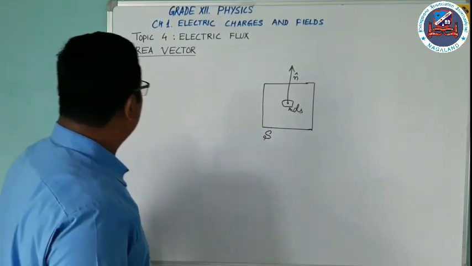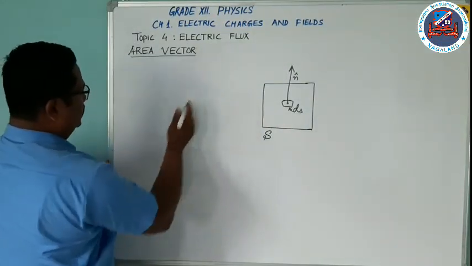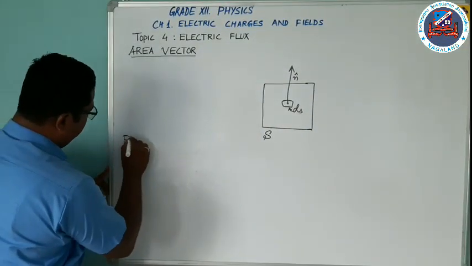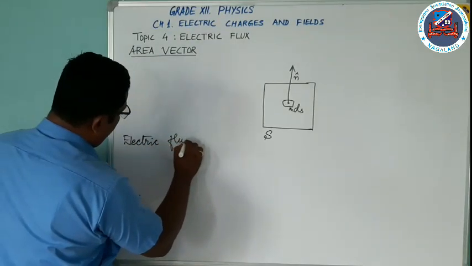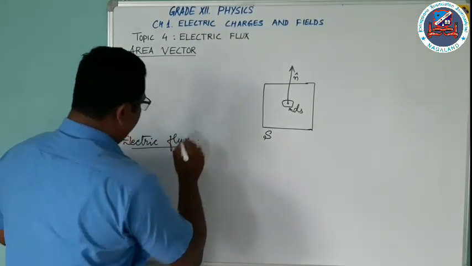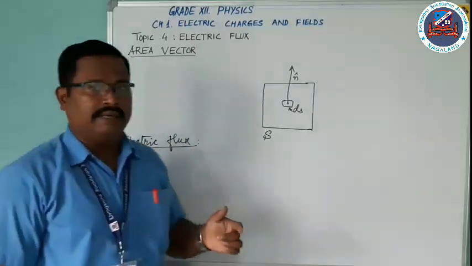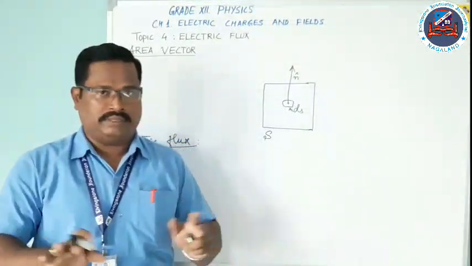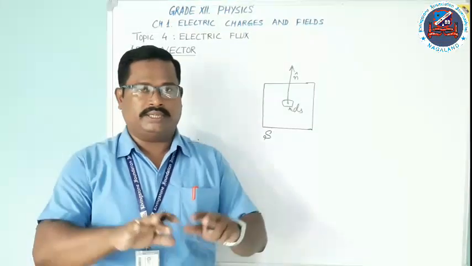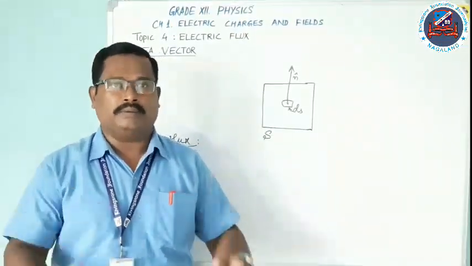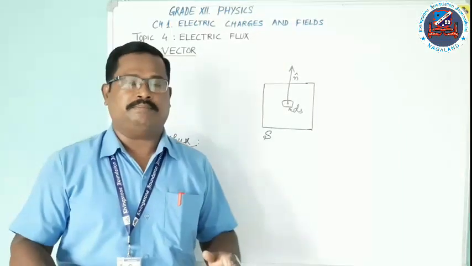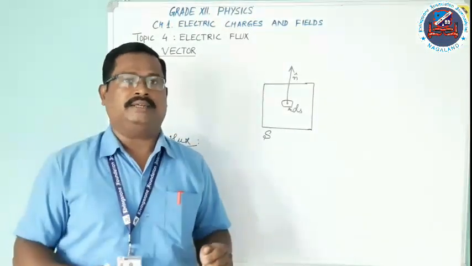Now let us see about electric flux. Electric flux linked with any surface wherever charges are distributed is defined as the total number of electric field lines that pass normally through that surface.